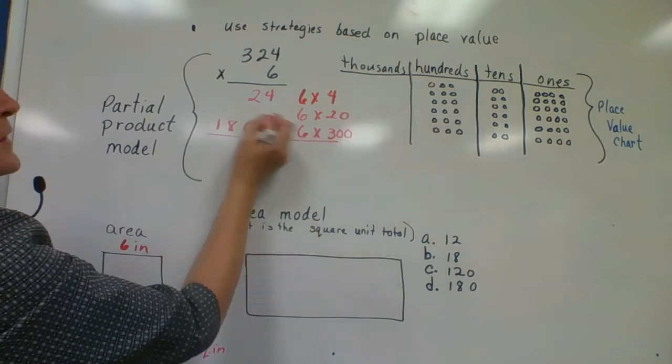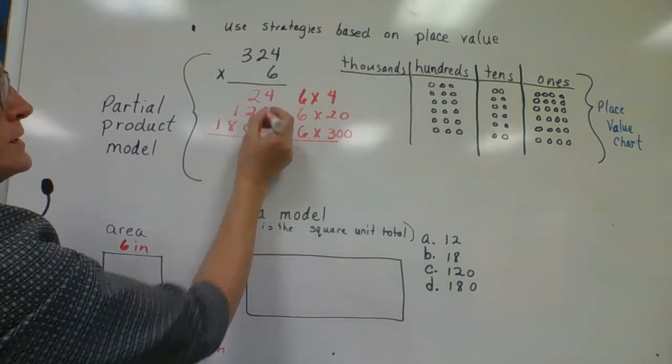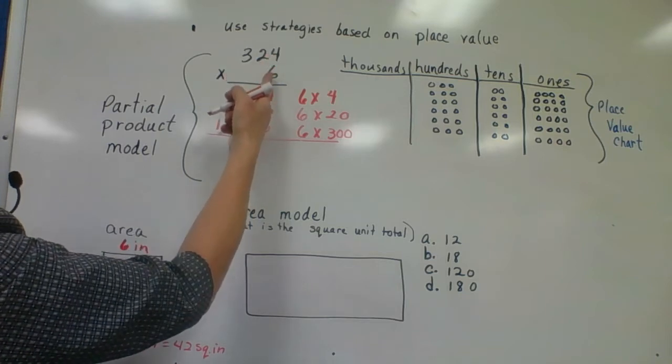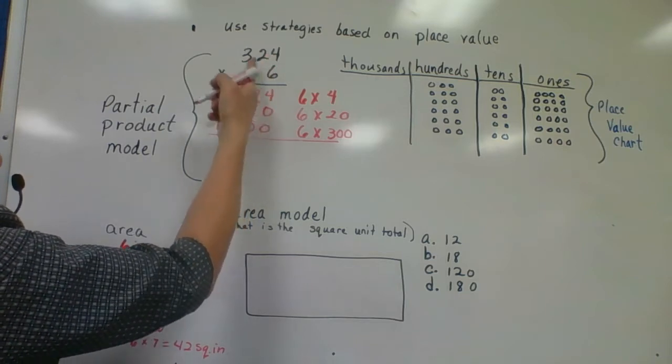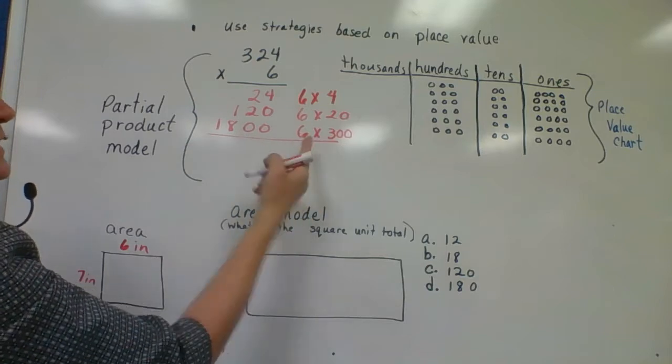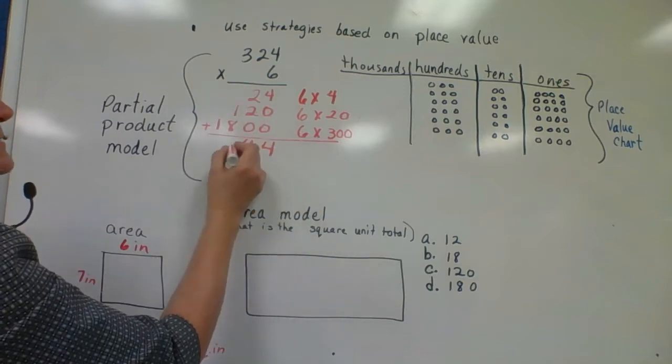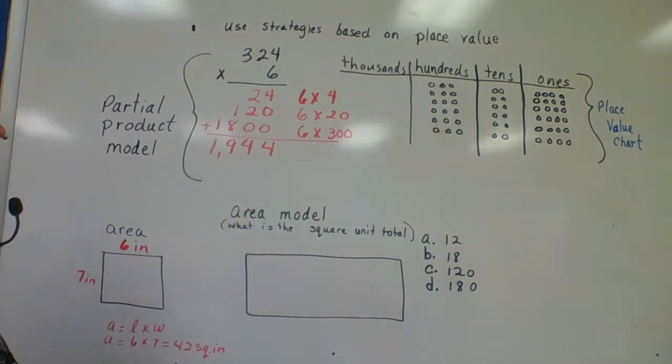So we're going to go back and put that partial product in. Students just multiply 6 times 4, 4 ones, 6 times 2 tens, 6 times 3 hundreds, and show that on the side. Then we add all of our partial products to get our final product, our final answer.